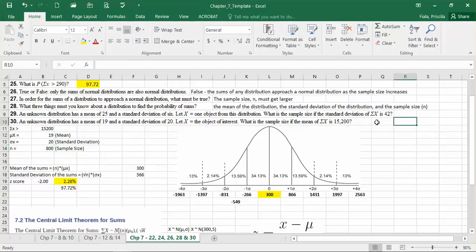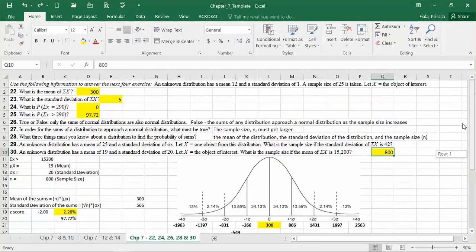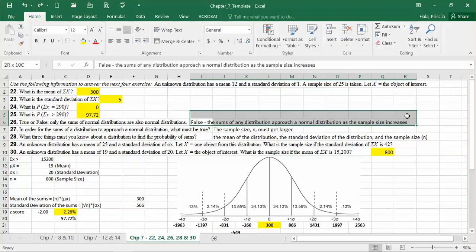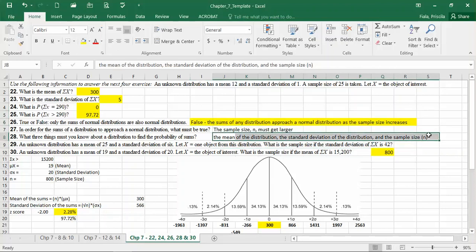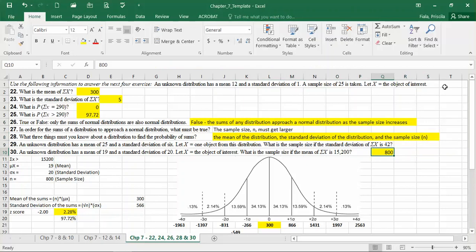So your answer over here would be 800, and you would have problems 22, 24, 26, right here, 28, and 30.